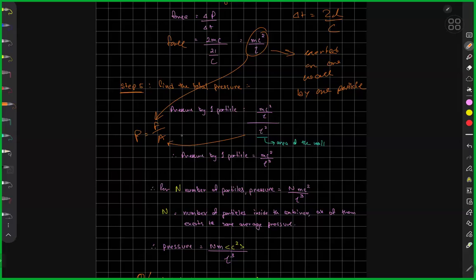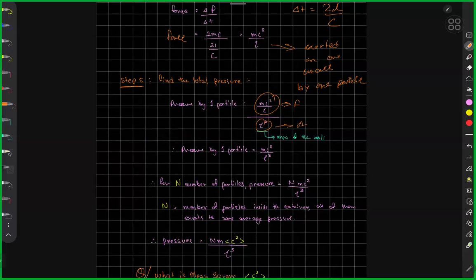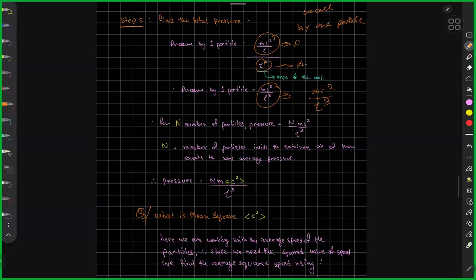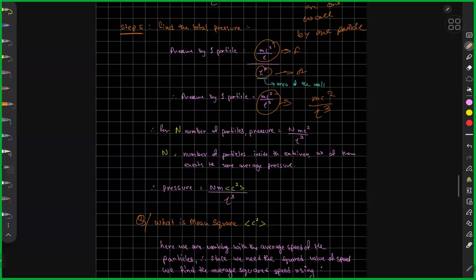What is the area? If you have a box over here, what is the area? L square is the area. So I divide force by area and I get the pressure. Great. So what is the pressure by one particle? mc squared by L cube. Now, is it that in real life we have only one particle inside?